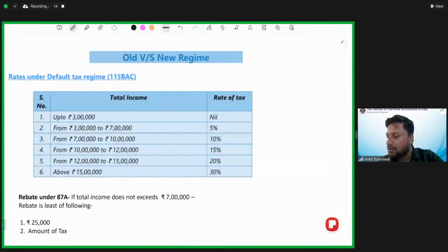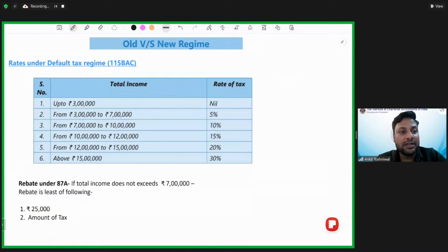What is the difference? There is a difference of tax rates under the old regime and the new regime. Under the new regime, the tax rates are lower as compared to the old regime, but there are some exemptions or deductions which are not available under the new regime.